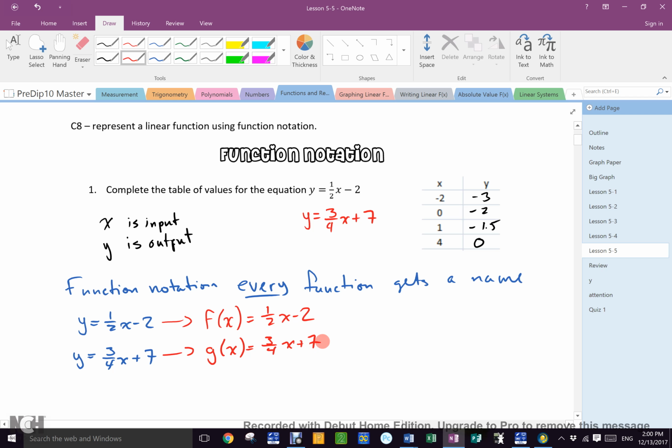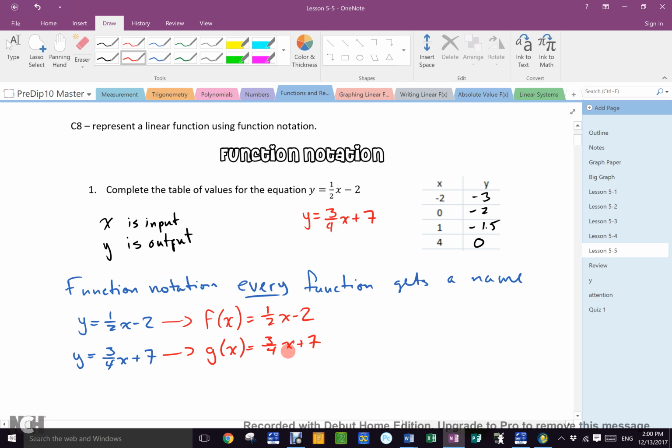Now, what do you notice that is the same about the two notations? The second x is the same. The x doesn't change, right? Does the input change? No, input is still x. What is different?